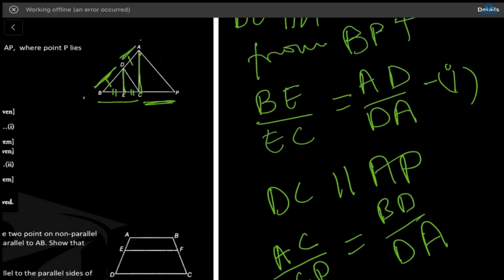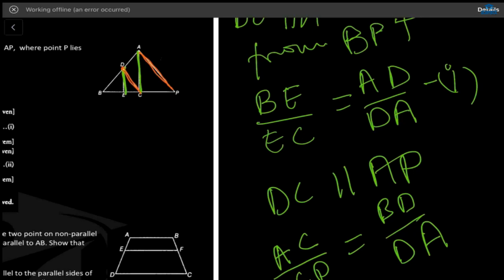Satya, see from the theorem, one time this DC is parallel to AB, and in the other it is telling you that this is parallel to this. Understood? Now, if DE is parallel to AC, then BE by EC is equal to AD by DA.